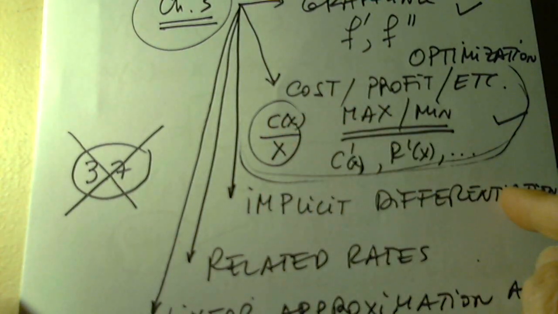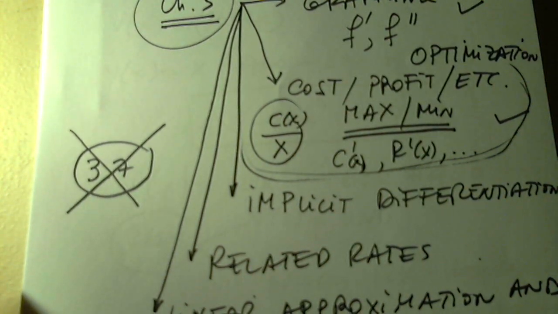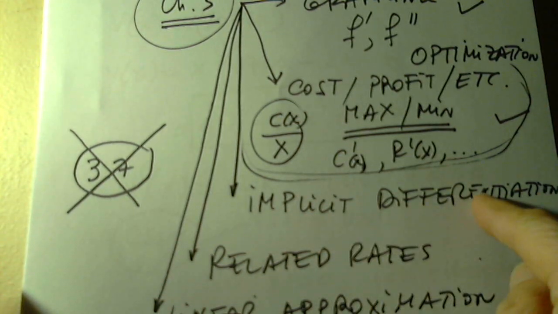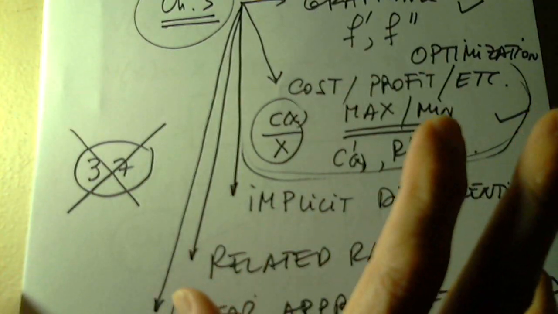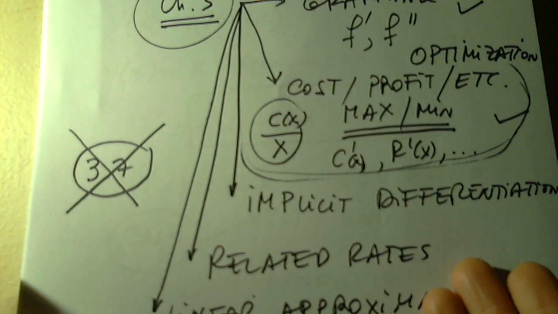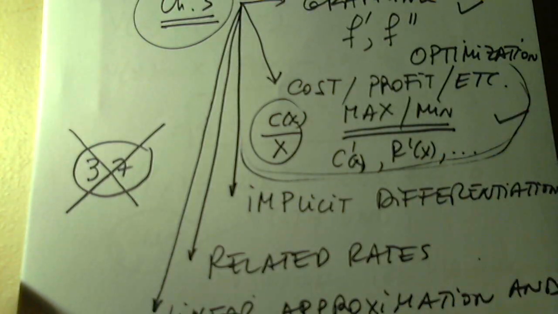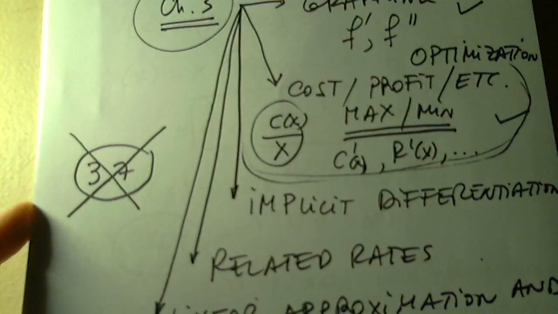How to find the derivative, an expression for the derivative when we don't have the function, or it's given to us indirectly through an equation. The same thing here. Related rates, what does it mean? An equation that has derivatives in it. And of course, it's coming from an equation that relates the functions.